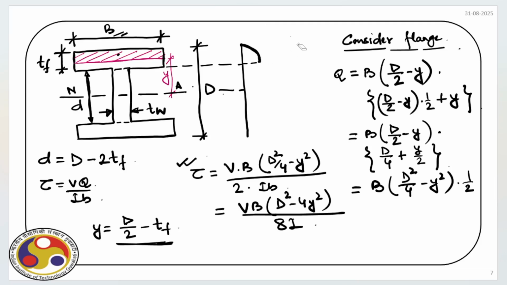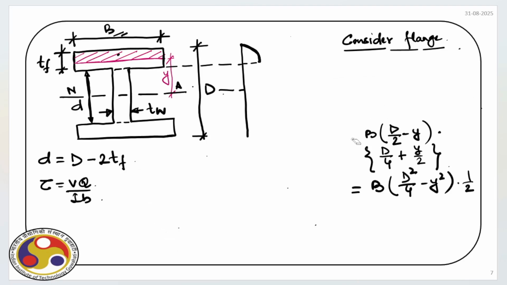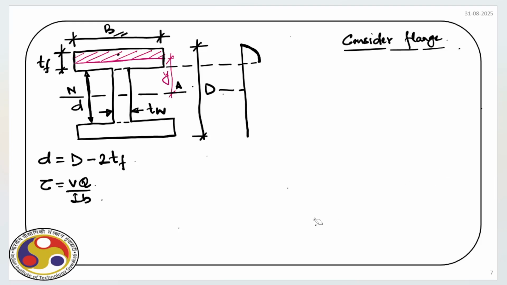Now we will focus on the web part. Okay. So for web part, again, we have to consider a fiber at a distance y from the neutral axis, and we will see how these expressions vary. So consider web. And for that again, we have to modify our drawing here.